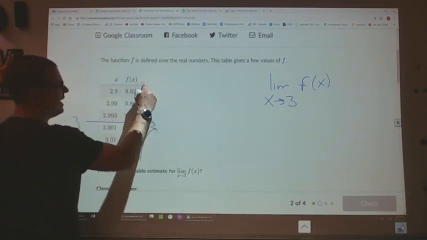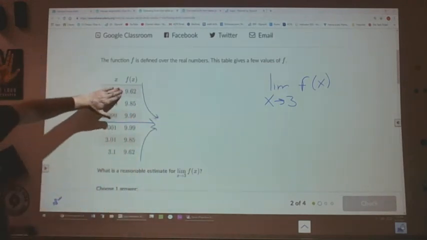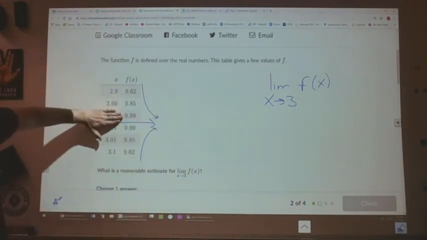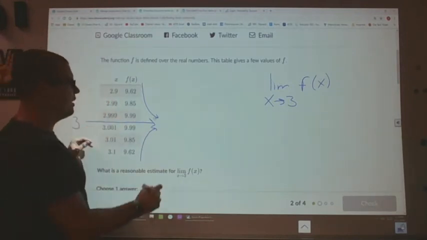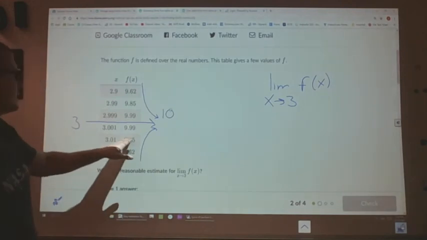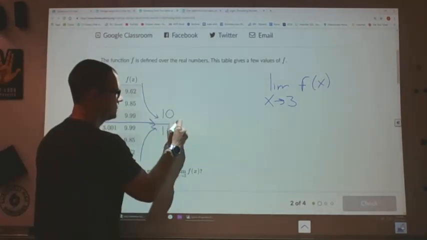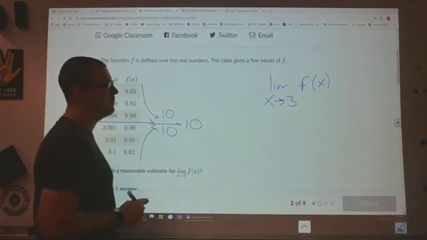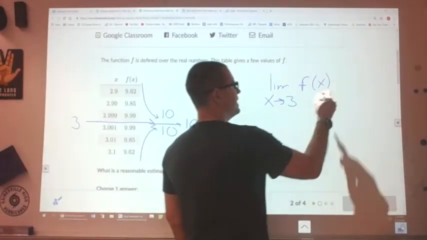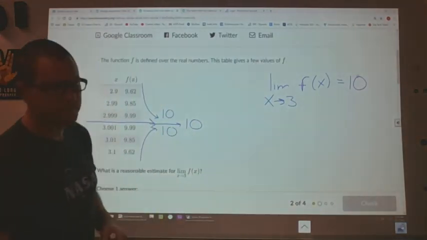So we want to see, as I read this, what values do we get? So 9.6, 9.8, 9.99. I would think the next value there would be 10. So what I think would fill in this gap is 10. The limit as x approaches 3 would be 10.